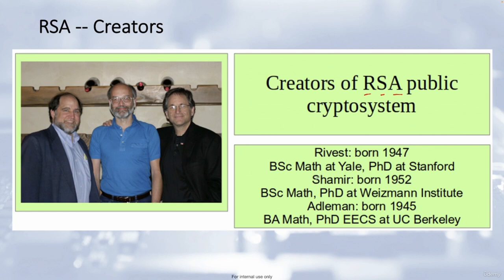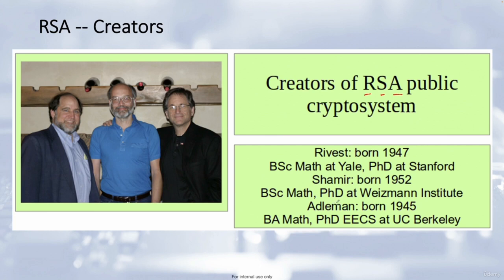He had a BSc, Bachelor of Science in Mathematics, at Yale University, and then Stanford, in the US. Shamir, born in 1952, had a BSc in Mathematics and a PhD at the Weizmann Institute. So he was from Israel. And Adleman, born in 1945, had a BA in Mathematics and a PhD, and he was from Berkeley, California.